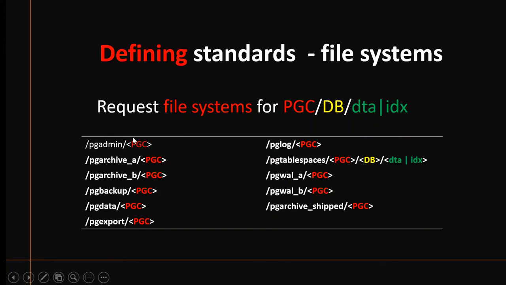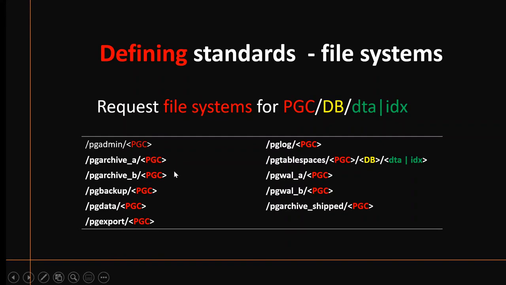For every Postgres instance on a server, and for acceptance and production it's only one instance, but dev runs multiple instances on one server. We have for every Postgres instance pgarchive A. This is where the instance will write its WAL files.